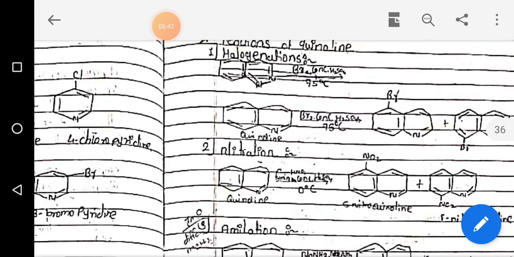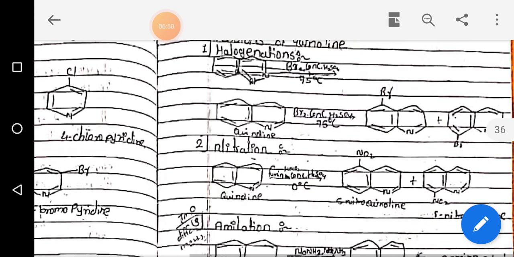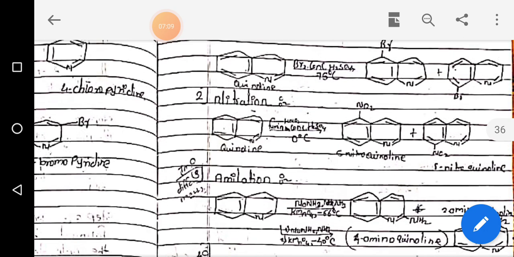So we understand that quinoline gives the maximum and very stable reactions at position 5 and position 8. So quinoline after bromination with concentrated H2SO4 at 75 degrees centigrade gives bromination at position 5 and at position 8. So we get two products.